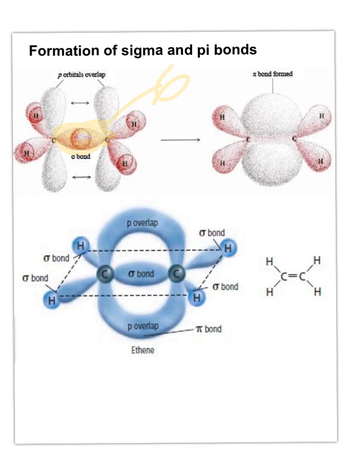And then when they move close enough that now this part can overlap, now I've got the donut or the bun above and below. Now this is my pi bond. So here I can just see the sigma bond down in here. There's my sigma bond taking up the best place, and here's my pi bond around it. The top and bottom together, both parts of the bond, make up the pi bond.